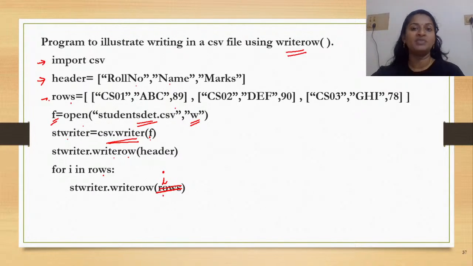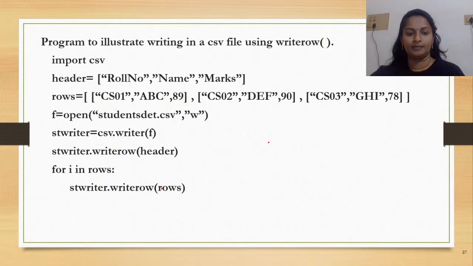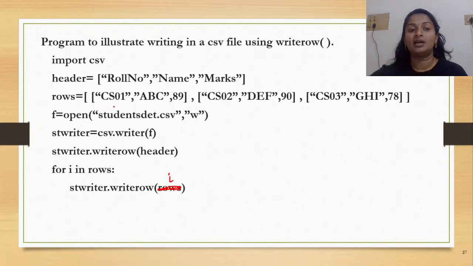Okay, each time i. So what would happen here? Each time the value of i progresses, it would first have the element at index 0, that is an entire list, that is an entire record.